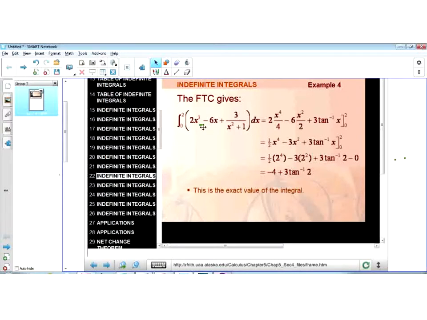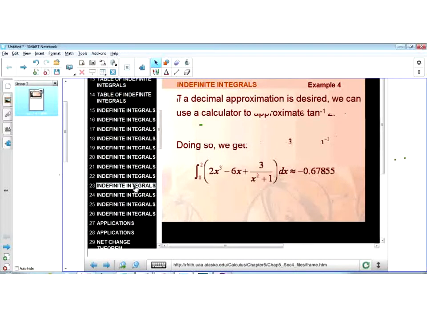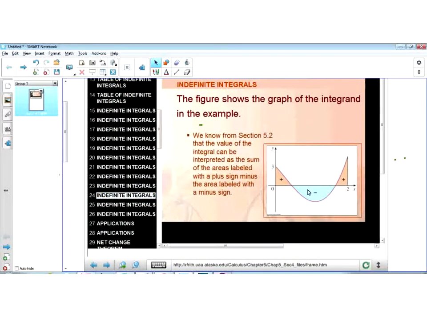Take the anti-differentiation of each term in the function, then evaluate it from 0 to 2. Use a calculator to get inverse tan of 2, and the result is negative 0.6785. They even graphed it. Here's the graph, which is actually from section 5.2. That's why it's negative, because there's more negative region than positive region.